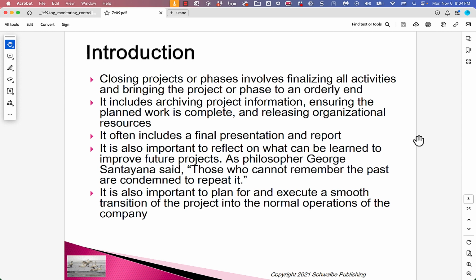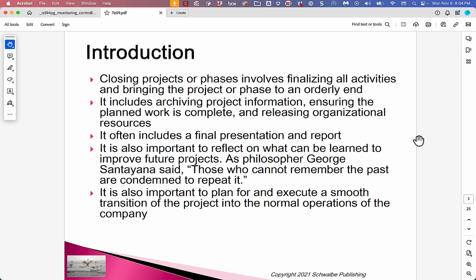And so when it comes down to closing, not only do you need to close the overall project, but you really do need to close down any phases that you've had prior to the final phase. Don't leave things open.